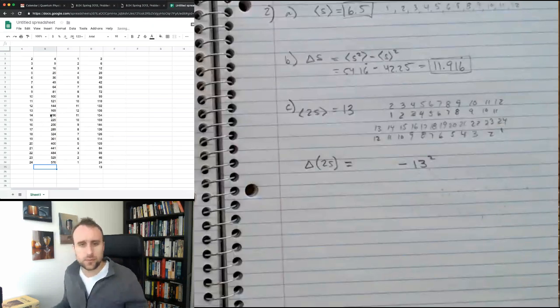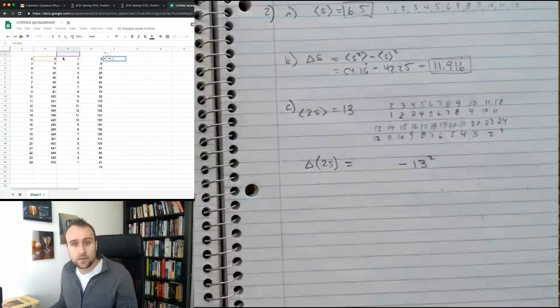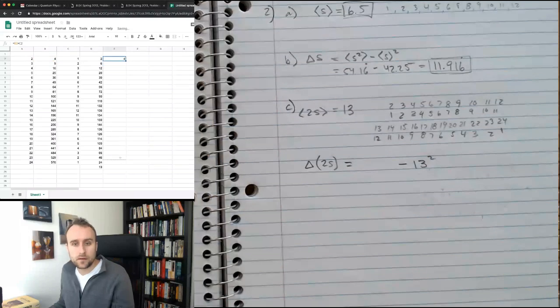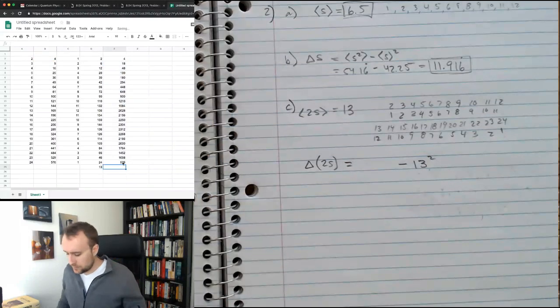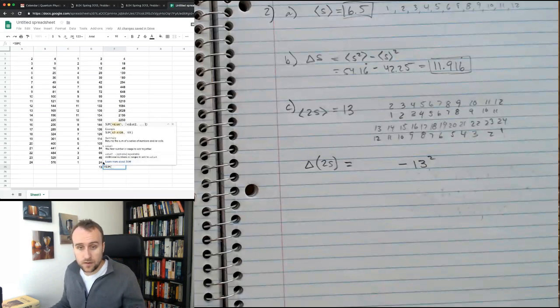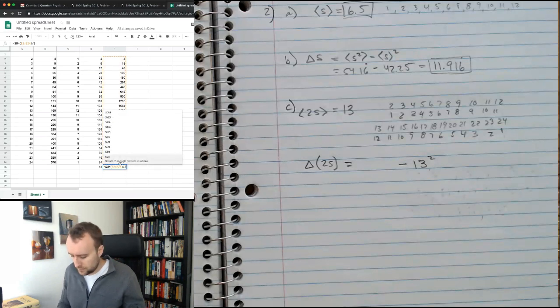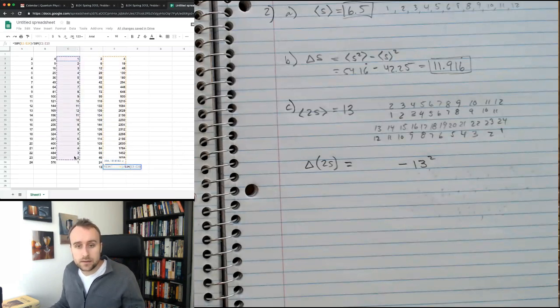Oh, no. Oops. All right, let's add another column here. So this is the squared values times this. It's equal to this times this. It's equal to the sum of these. 92.